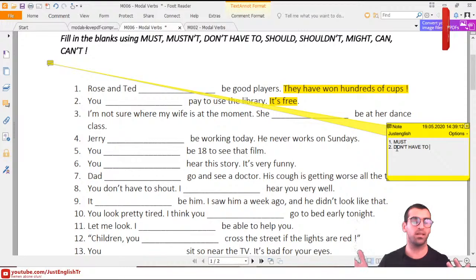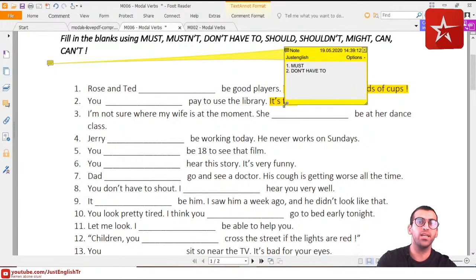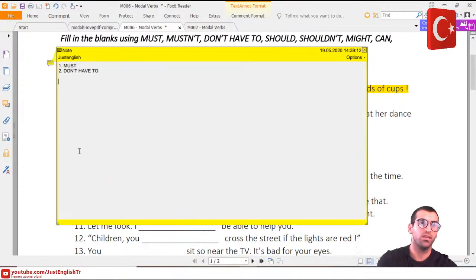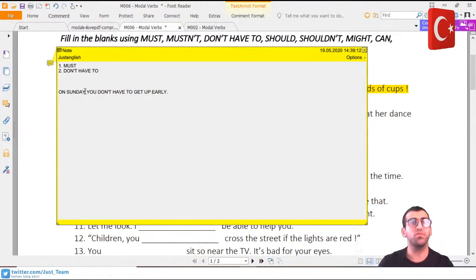Let me say another example. For example, on Sunday, you don't have to get up early, because you don't work on Sundays.